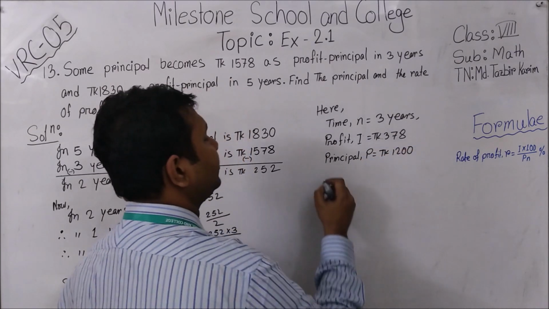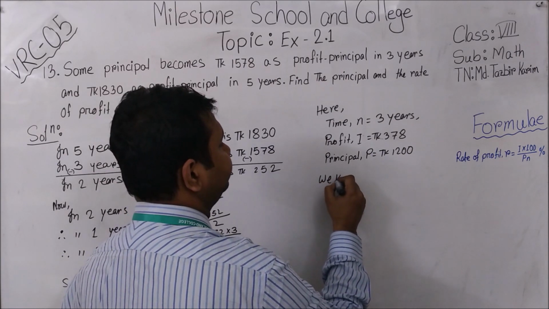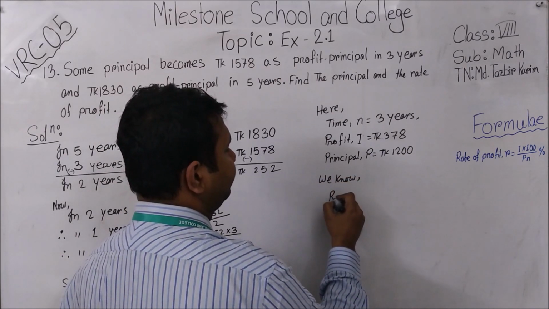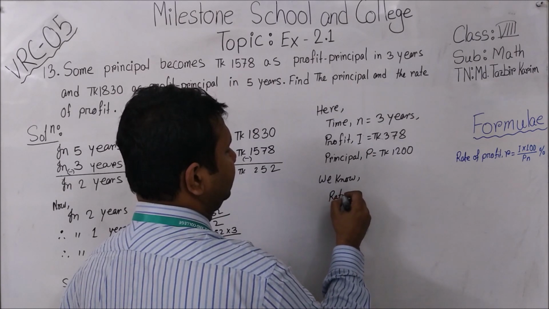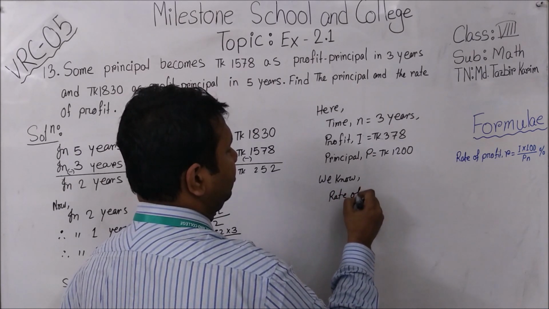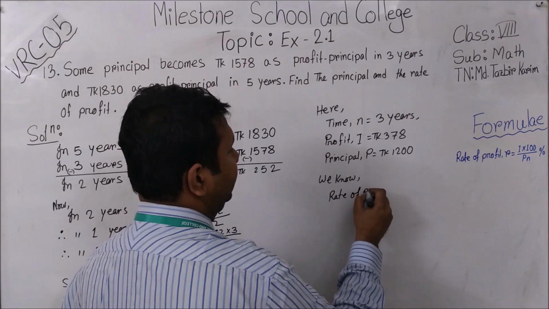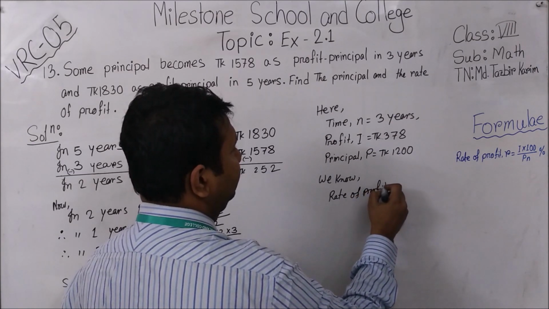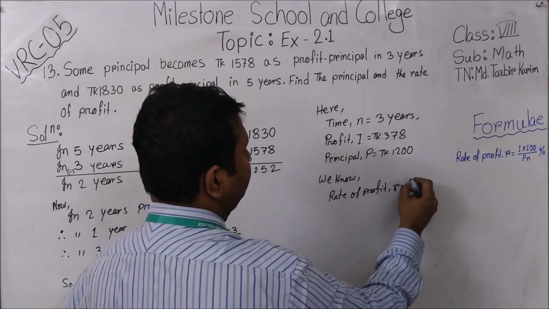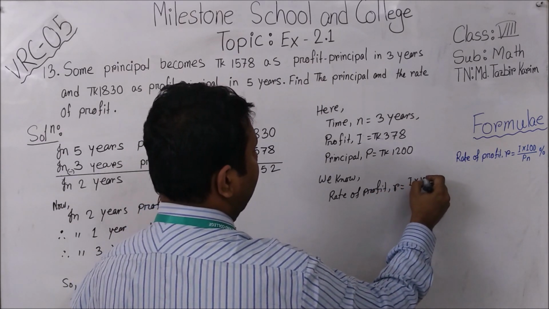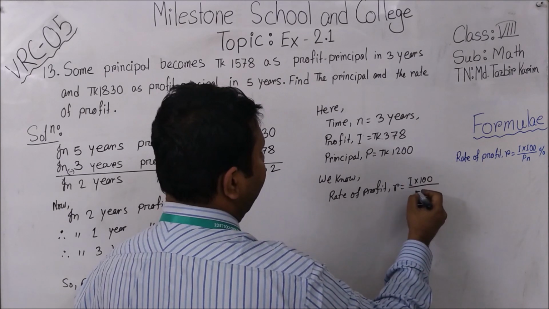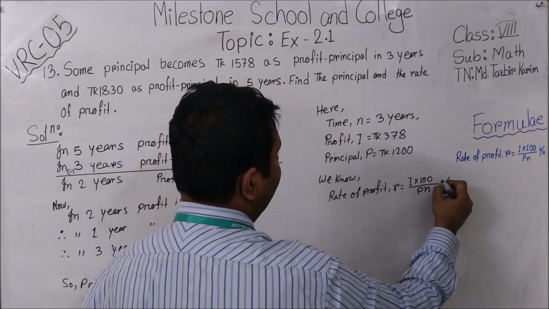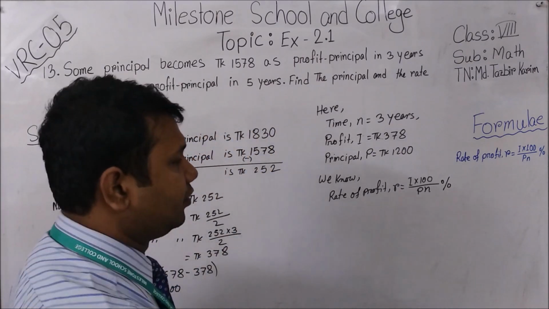We know R equal to I into 100 by Pn, the formula we know, that is the rate of profit formula.